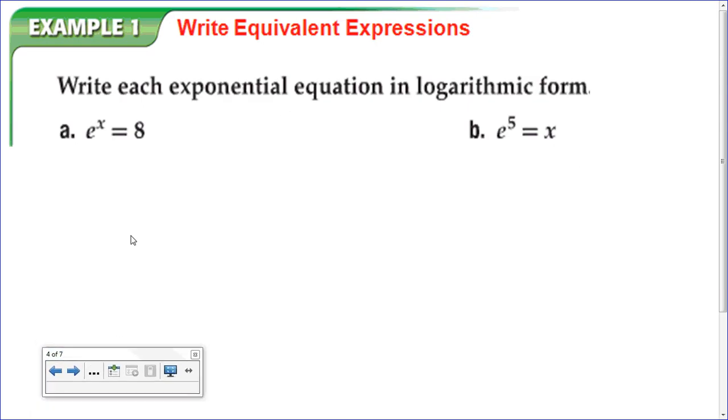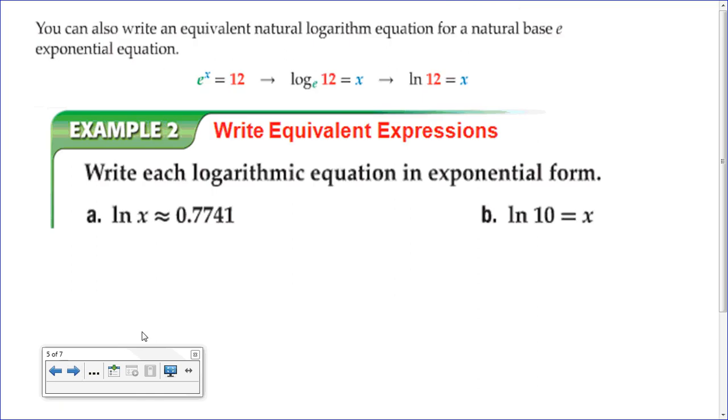Let's show you how to work with this. Your first skill is translating these things over into logarithmic form. Instead of writing log base e, I'm just going to write ln. ln 8 equals x. ln x equals 5. Just getting used to those logarithms. Now, vice versa, we'll go backwards.